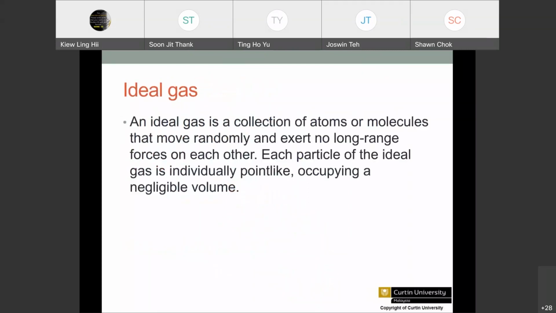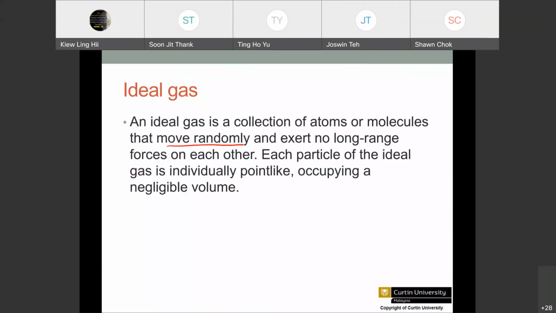So what is actually an ideal gas? In order to be an ideal gas, there are some requirements. Firstly, the atoms or molecules of the gas are moving randomly. They do not move in the same direction, but move randomly.